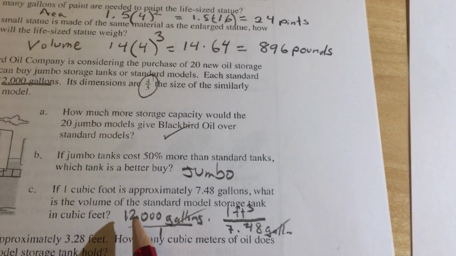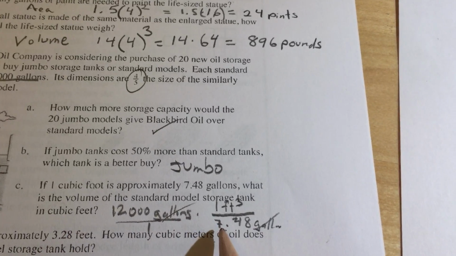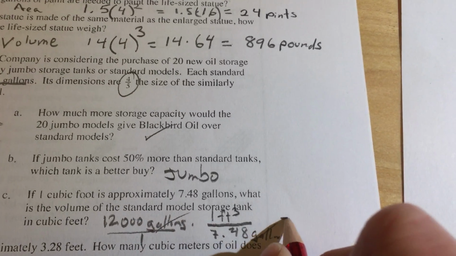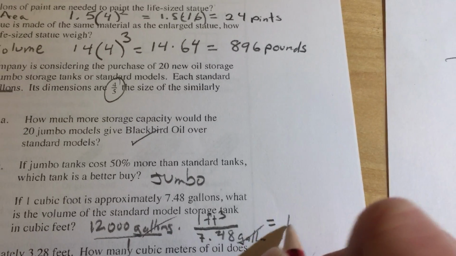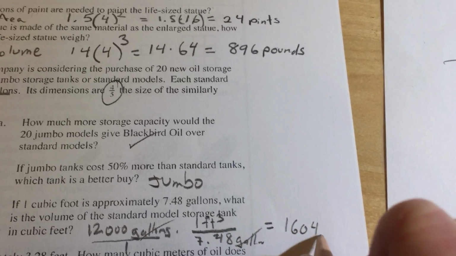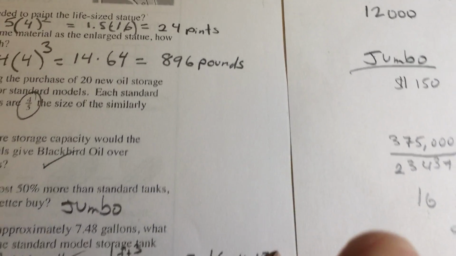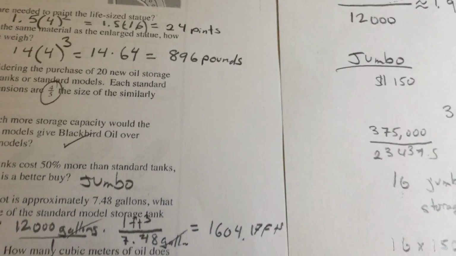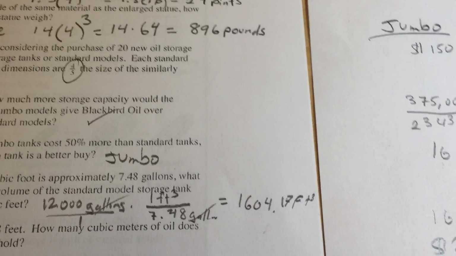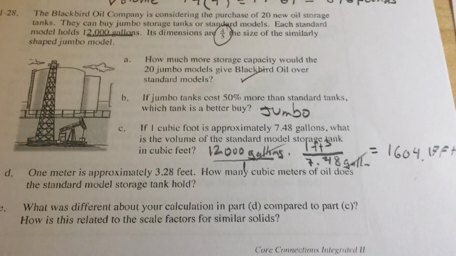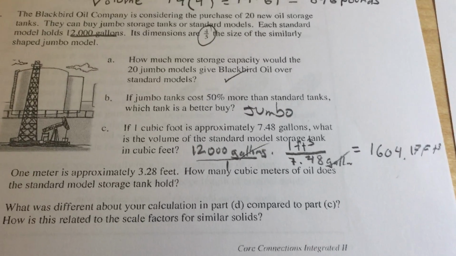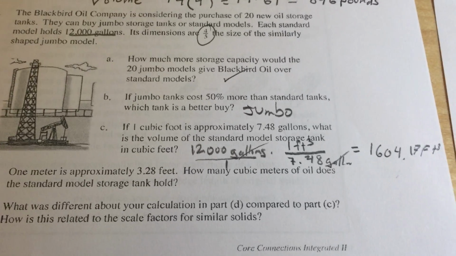So if I take in my calculator 12,000 and divide it by 7.48, I should get about 1,604.7 feet cubed.